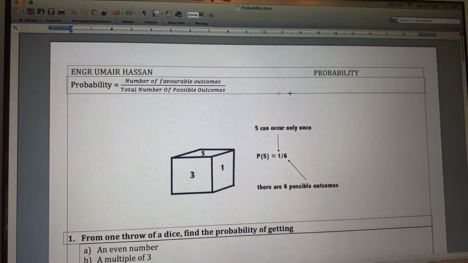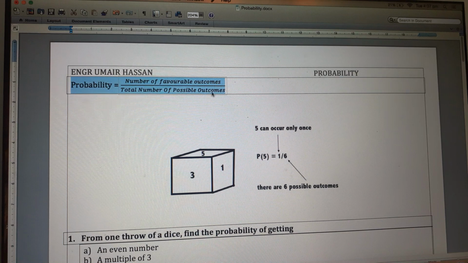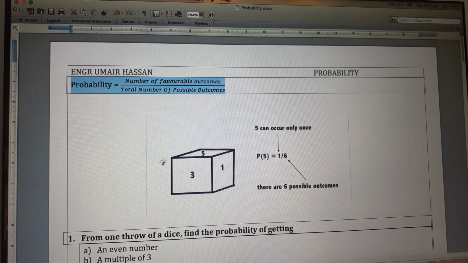Probability. Now probability is basically the number of favorable outcomes of any event divided by the total number of outcomes. For example, if we have a dice, I am going to find the probability that 5 will come in case of a throw of a dice.